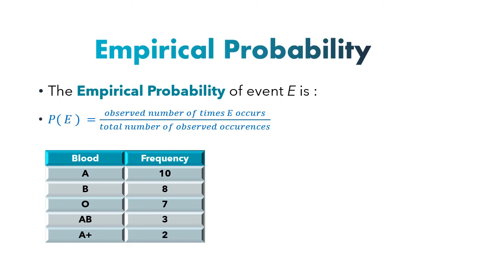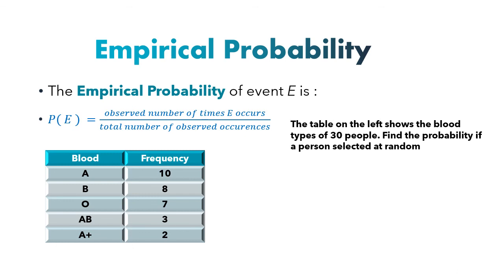We can also work complement of probability in empirical probability. We have the table where we have the blood type of 30 people and we took their blood type with the frequency. So if a person is selected at random, what's the probability that the person has a blood type AB?